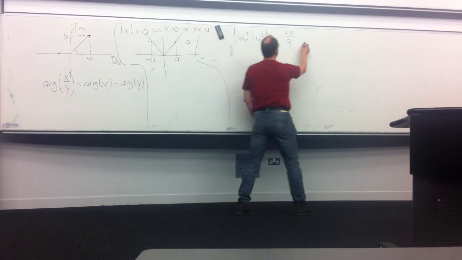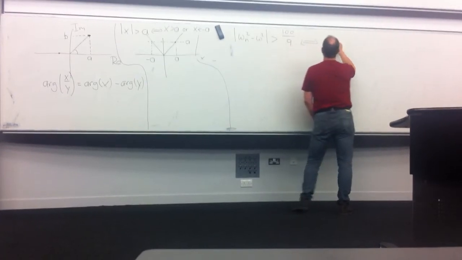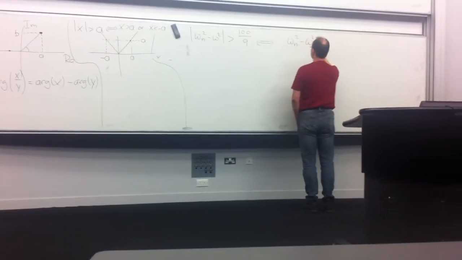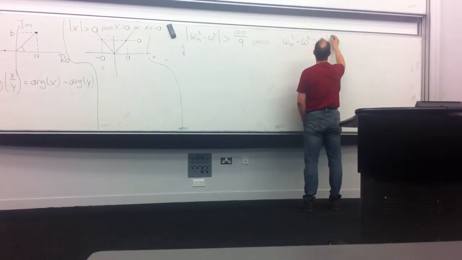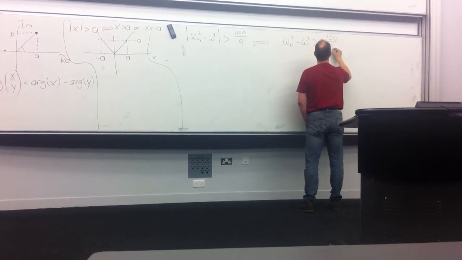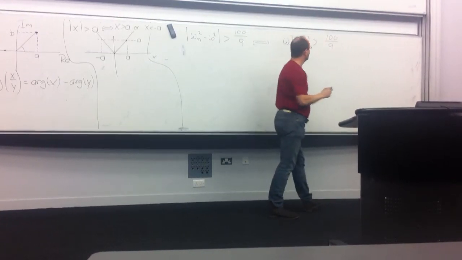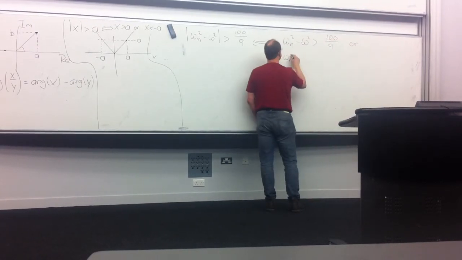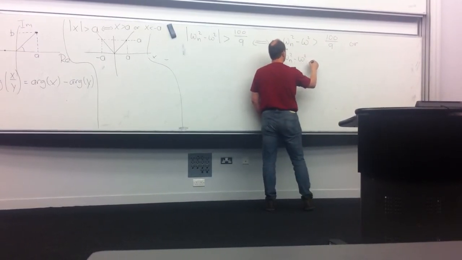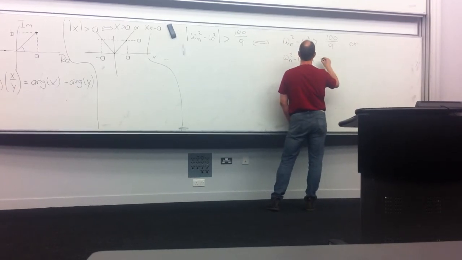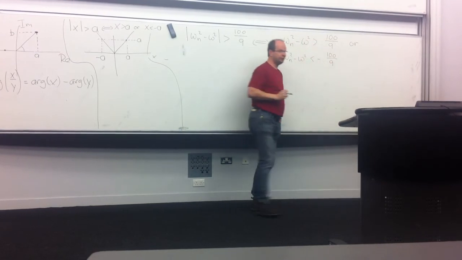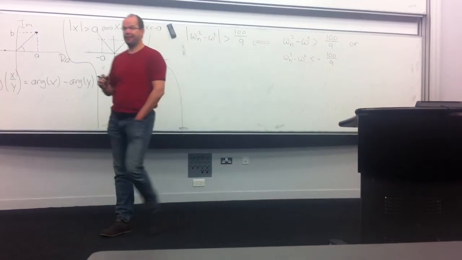So here you will have either omega n squared minus omega squared is larger than 100 divided by 9, or omega n squared minus omega squared is smaller than minus 100 divided by 9.